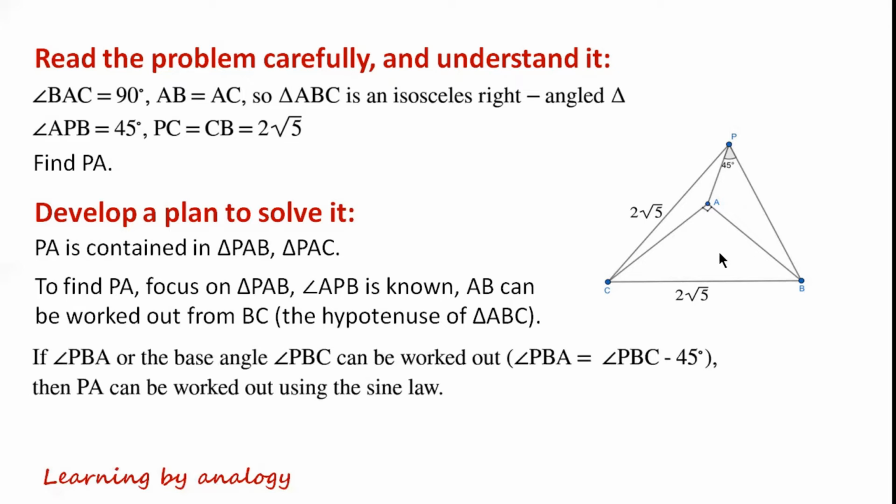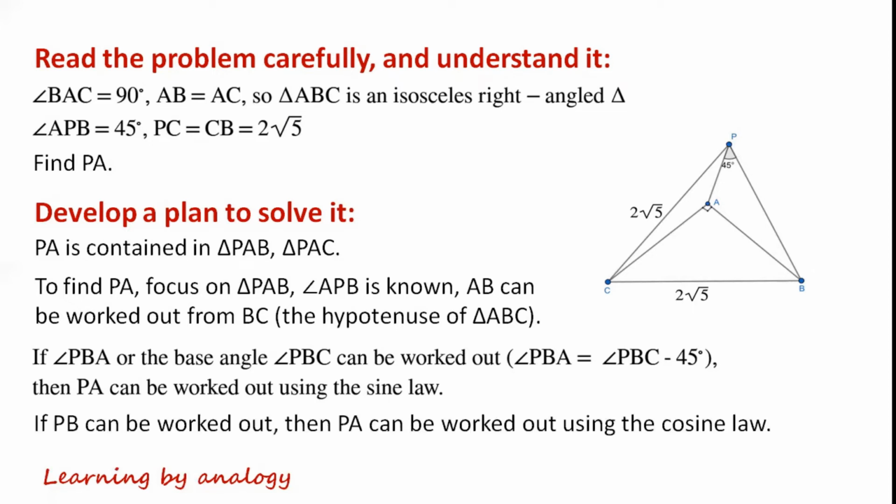If angle PBA, or the base angle, angle PBC, can be worked out, angle PBA equals angle PBC minus 45 degrees. Then PA can be worked out using the sine law. If PB can be worked out, then PA can be worked out using the cosine law.